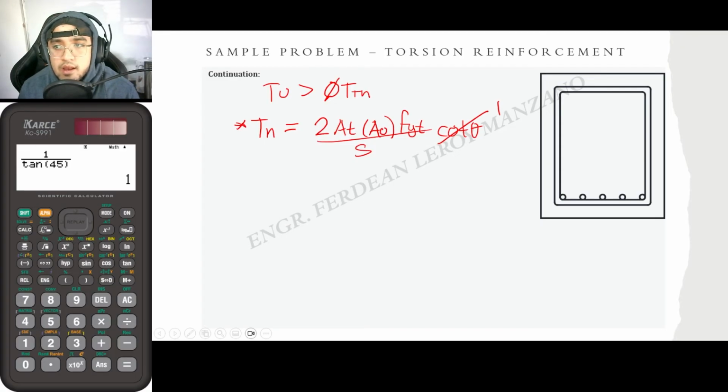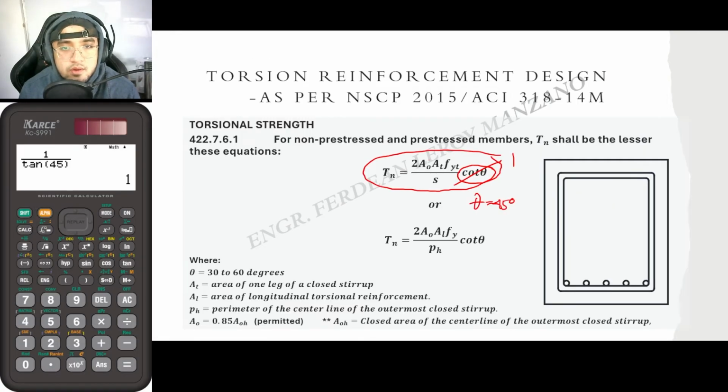So again, it came from this equation, 2 A0 At Fyt over S.